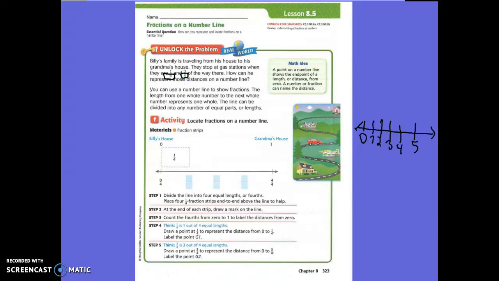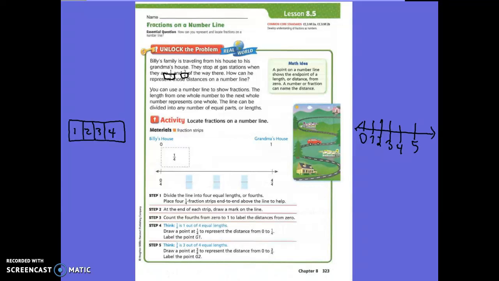To go for fourths, okay, I'm going to draw this real quick just so you can see this too. It's not very even, but okay, so this is 1, 2, 3, 4, right? This is kind of like a number line. You start with 0 fourths. You have to start with 0 all the time, okay?